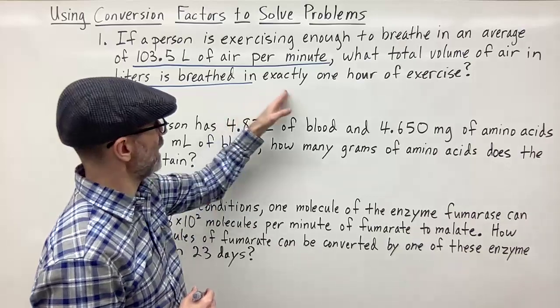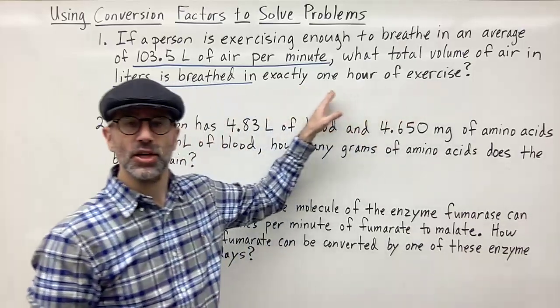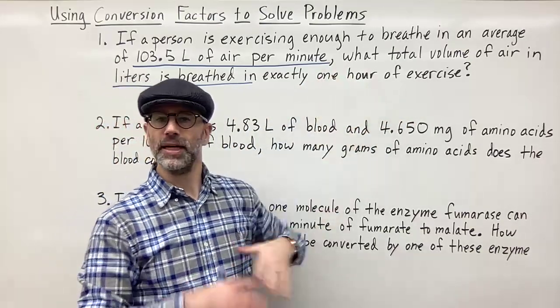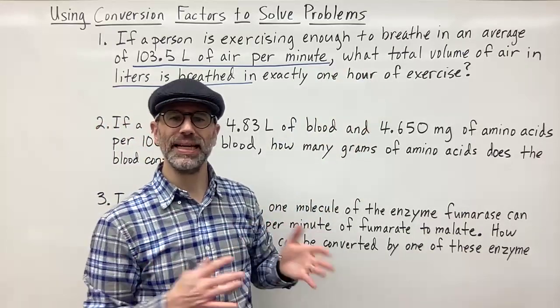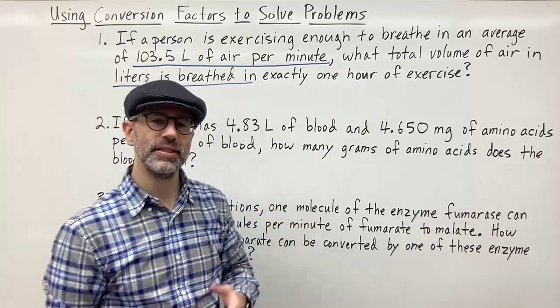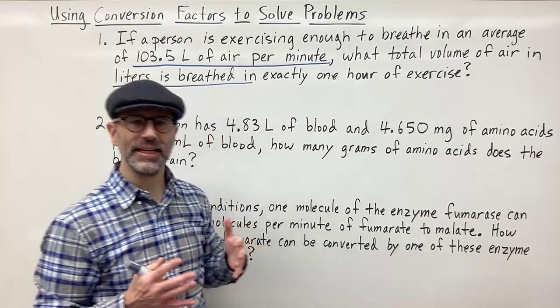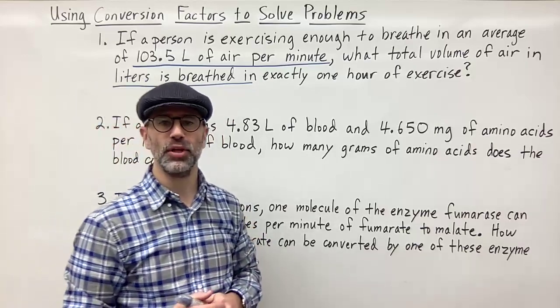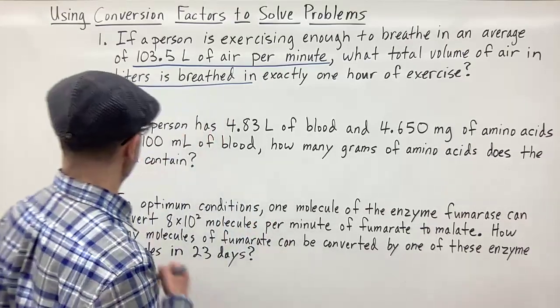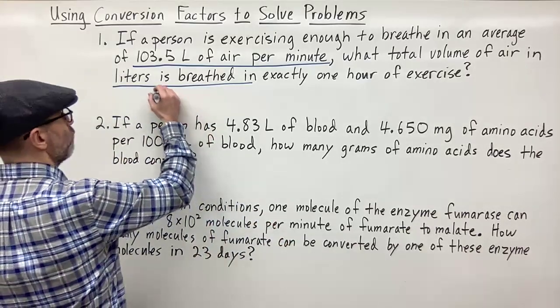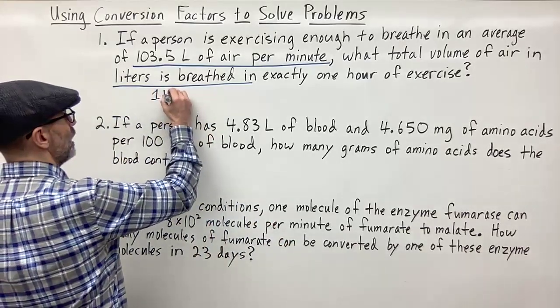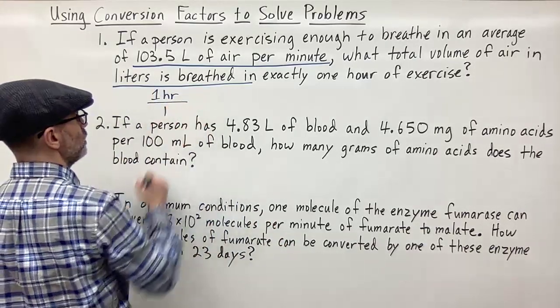It says, in exactly 1 hour of exercise. Notice the 1 hour is not tied to anything. It's not related to anything. It's just standing by itself. So that's a good indicator that that's what we're going to begin with. So let's begin with 1 hour of exercise. We're going to have 1 hour over 1.